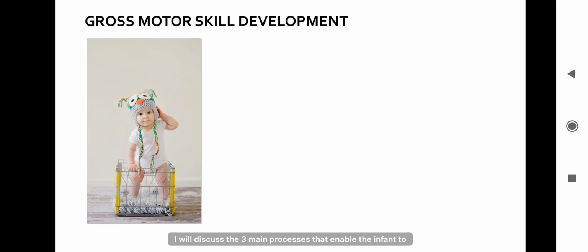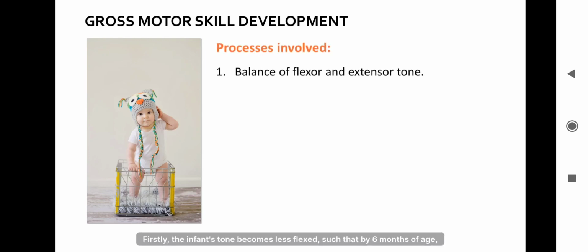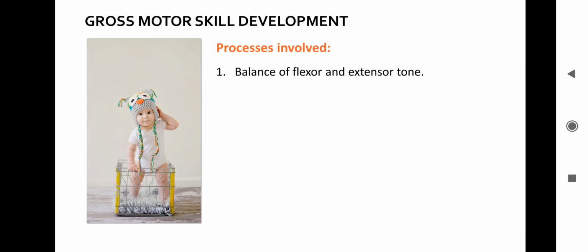To understand gross motor development, I will discuss the three main processes that enable the infant to go from a predominantly flexed newborn position to an upright mobile state. Firstly, the infant's tone becomes less flexed, such that by 6 months of age, the legs can be extended for the toes to reach the mouth.